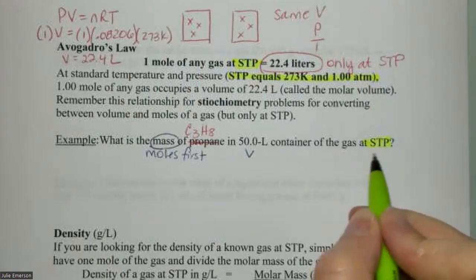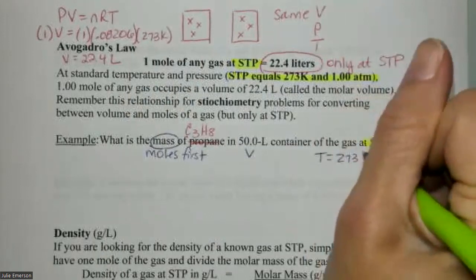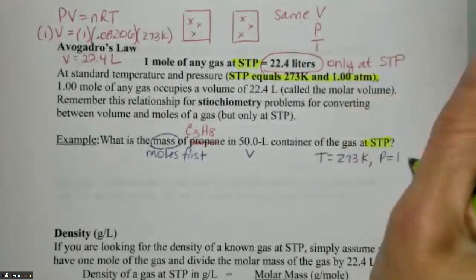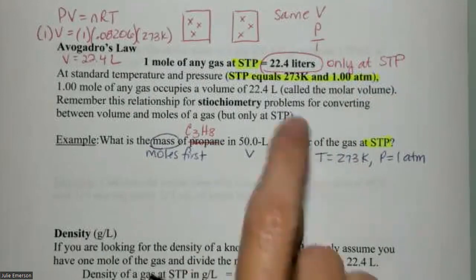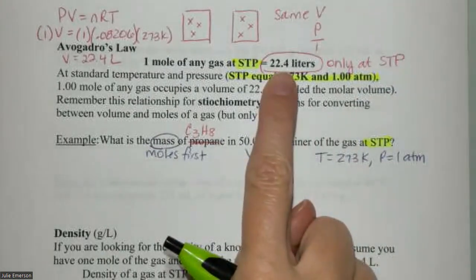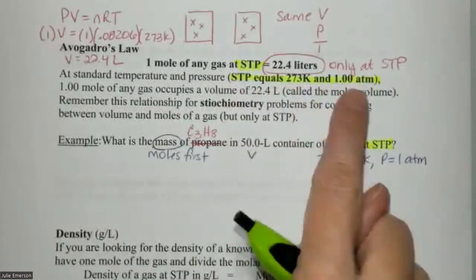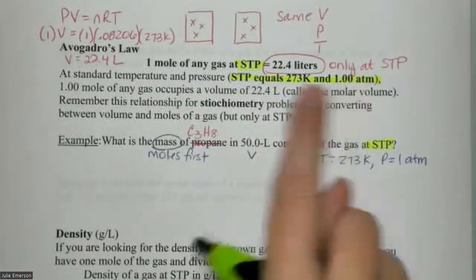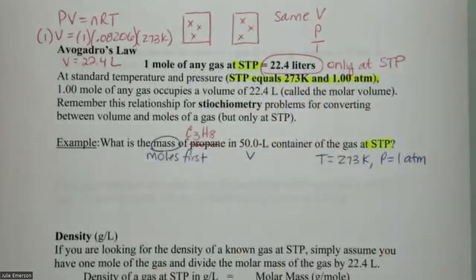If it tells us STP, then that's telling us the temperature is 273 and the pressure is 1 atm. On the test, I won't give you the 22.4 because you don't need it, but I will give you the definition of STP: it means 1 atm and 273 Kelvin.